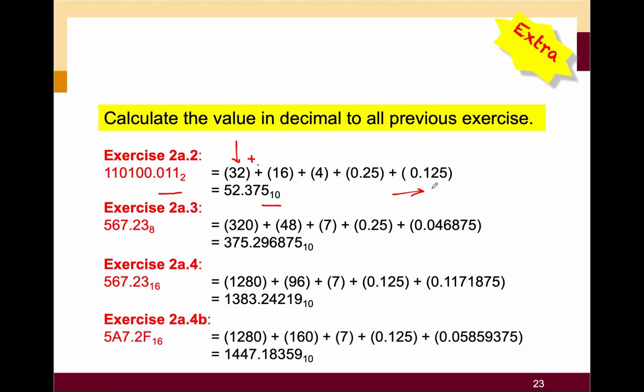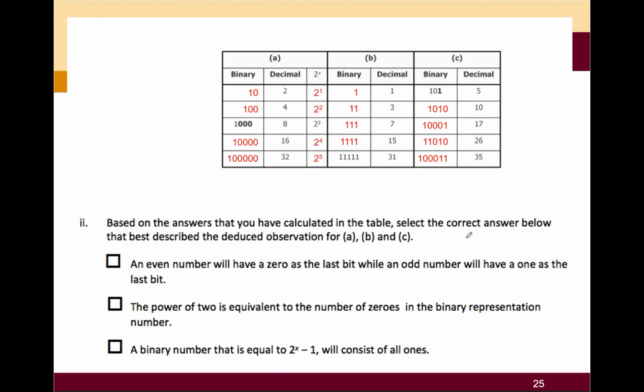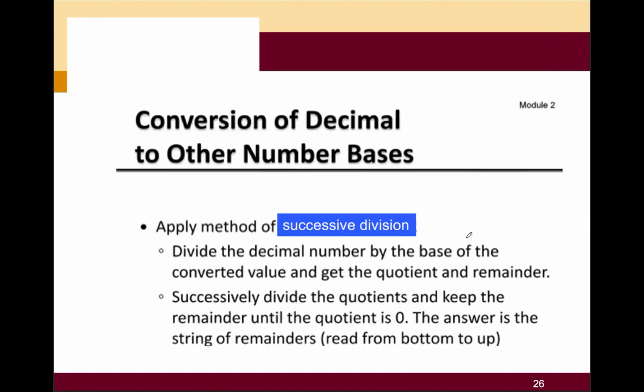So you can try all of these examples on your own. And over here you also have a simple deduction of binary numbers. You already tried it in your previous video. Over here you have binary and then decimals, how you get these values, and so on. You already looked into all of it in your previous video.